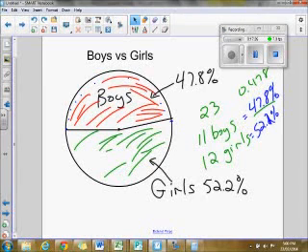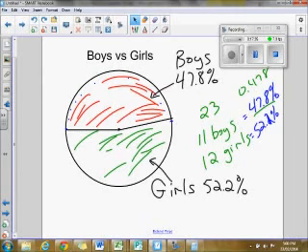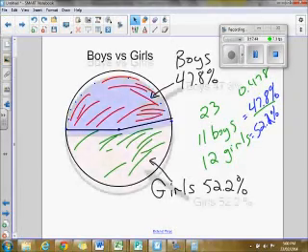And I can move my boys out of there. There we go. Okay. Using rulers, using proper coloring, lines, mathematics, all put in to make a nice picture. And that's the basics of making a circle graph.